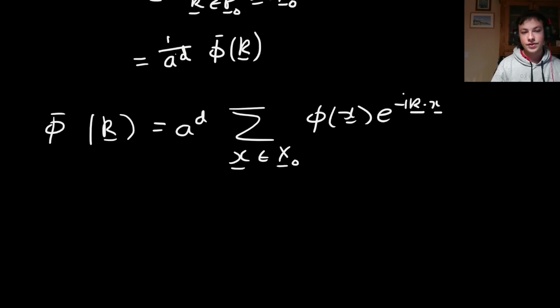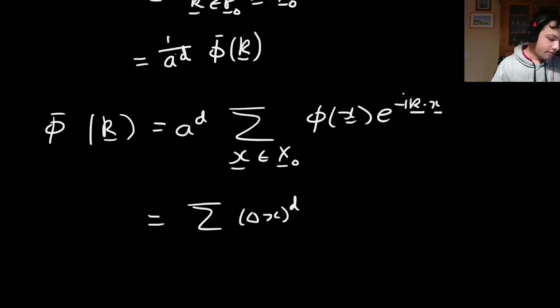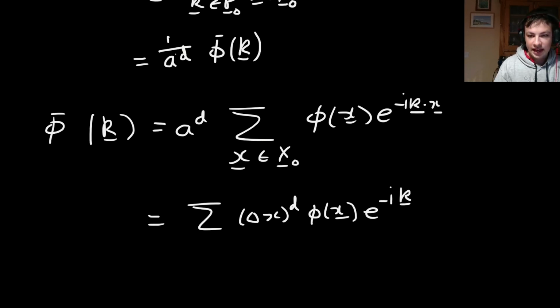And we can take this a to the power of d inside the sum, and a is the lattice spacing in x, right? The points in this x lattice are separated by a. So we could also write a^d as delta x to the d, basically, phi x e to the minus i k dot x. It's x in the fundamental box again.